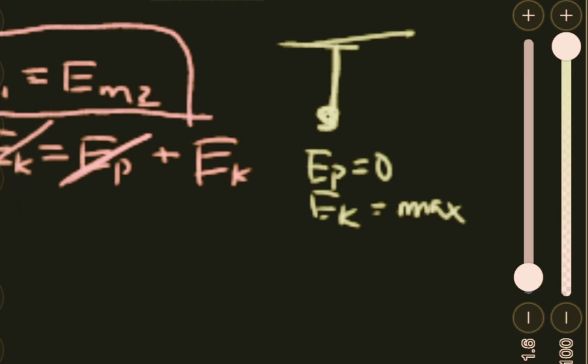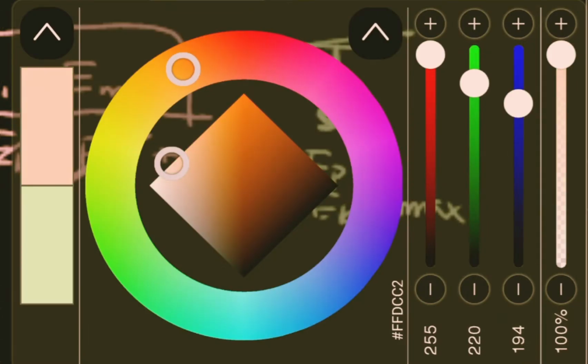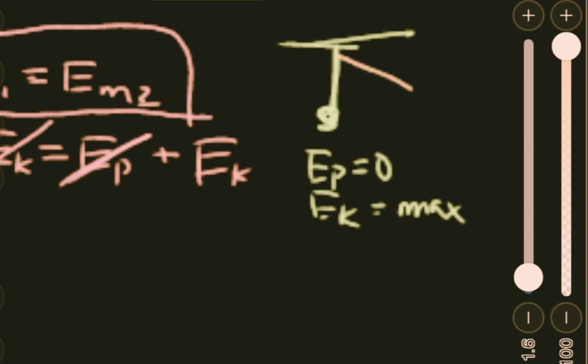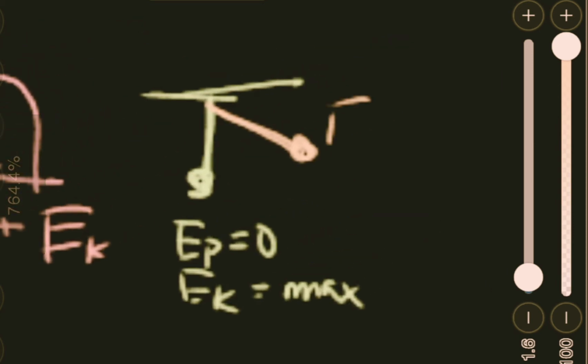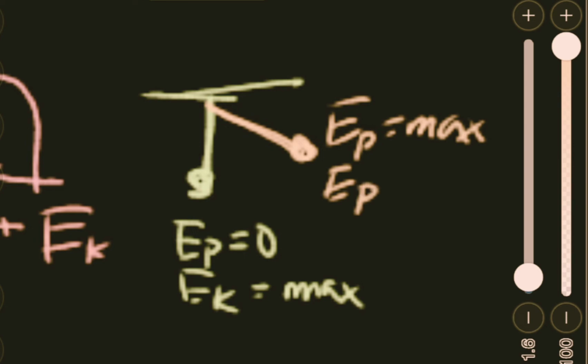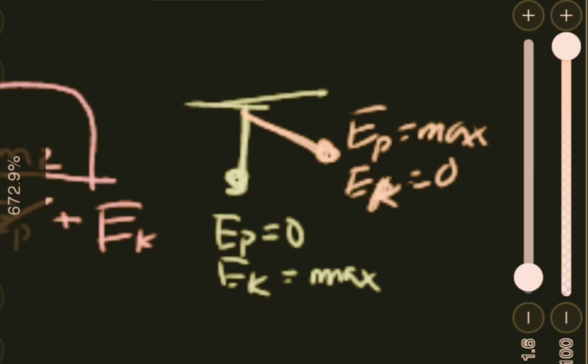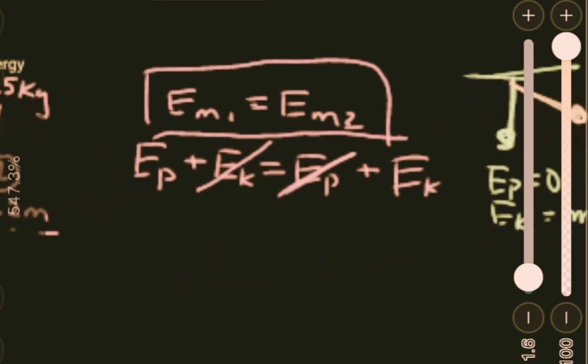Okay, and then when something is at a maximum height, such as a height that you manipulate it to be initially, the potential energy will be at its maximum and the kinetic energy will be 0 because it is not moving. All right, so let's continue off.